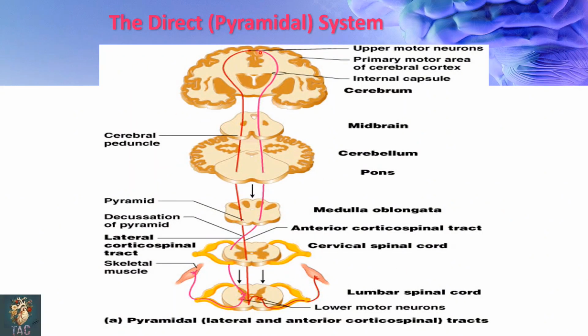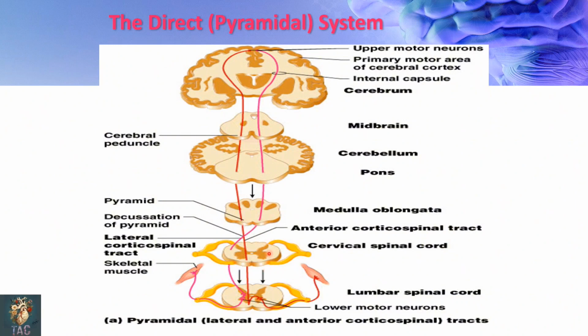The upper motor neurons taking origin in the cerebral cortex pass through the posterior limb and genu of the internal capsule, and then through the crus cerebri of the midbrain, the anterior part of the pons and the anterior part of the medulla in the pyramids.